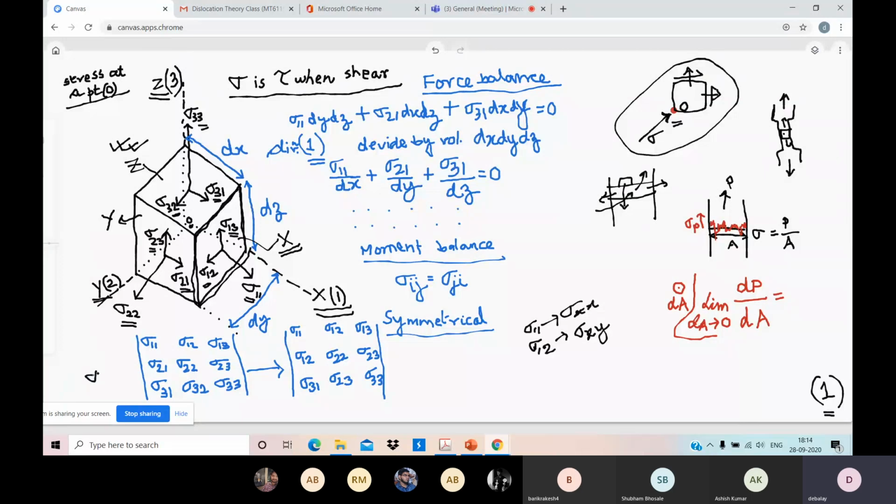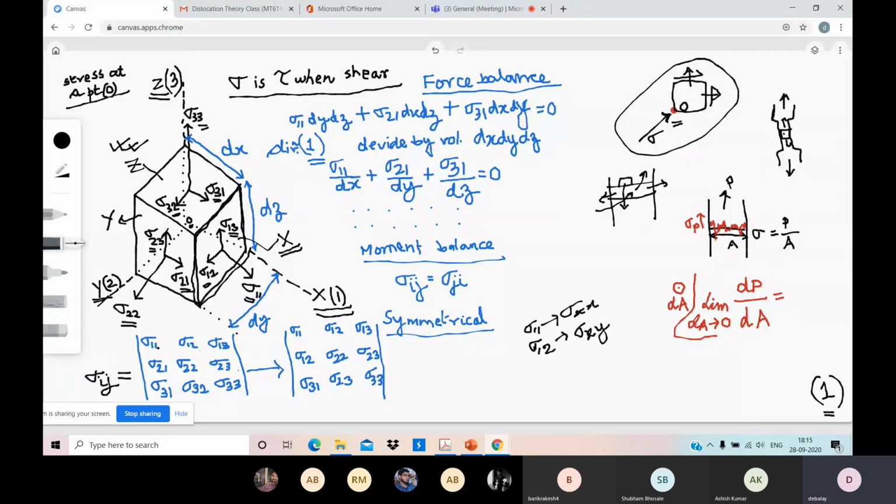So the overall stress tensor is represented as sigma ij, and sigma ij can be represented by the 9 stress components: sigma 1,1, sigma 1,2, sigma 1,3, sigma 2,1, sigma 2,2, sigma 2,3, sigma 3,1, sigma 3,2, and sigma 3,3.